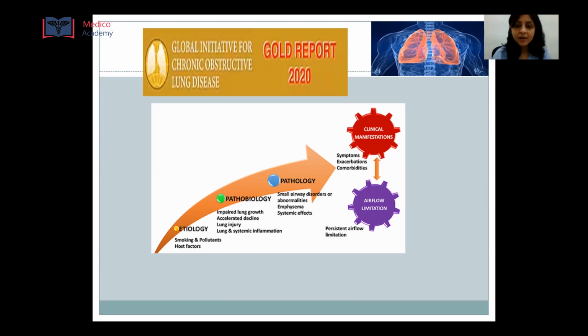Pathology is when there is a small airway disorder or abnormality, emphysema, and any systemic effects that we are seeing in the patients. All this has the clinical manifestation of the usual symptoms of COPD, symptoms in the form of exacerbations, or when the patient has associated comorbidities and a persistent airflow limitation. So all this combined together takes us towards COPD.